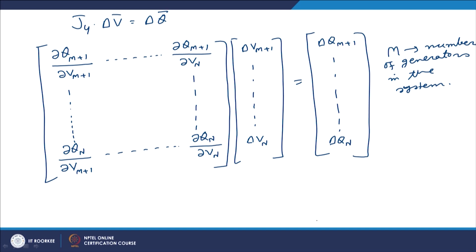So if we again expand the ith row, what do I get?